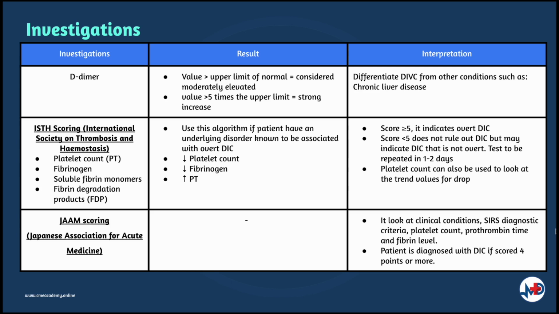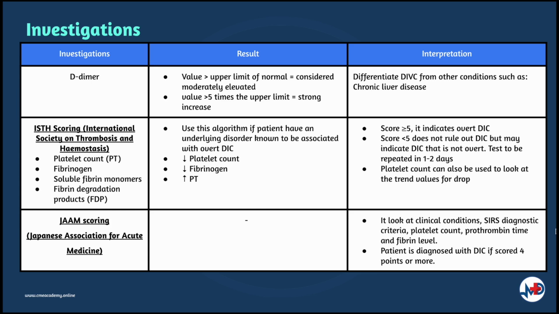Then integrate with global coagulation tests including platelet count, prothrombin time, fibrinogen, soluble fibrin monomers, or fibrin degradation products. Based on the result, if the score is 5 or above, it indicates an overt DIVC, whereas a score of less than 5 does not rule out DIVC but may indicate that DIVC is not overt, and to repeat the test in the next 1 to 2 days.